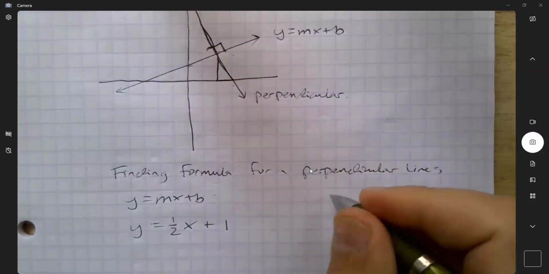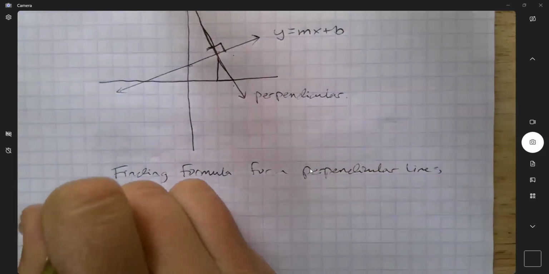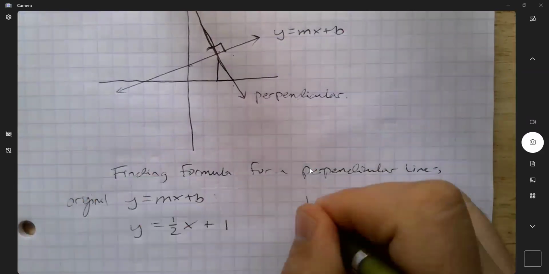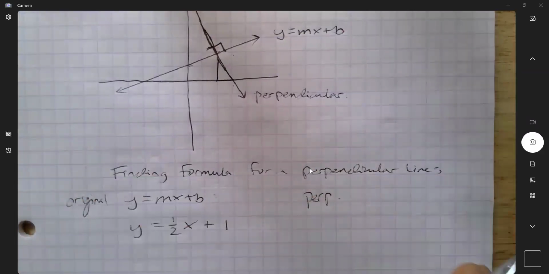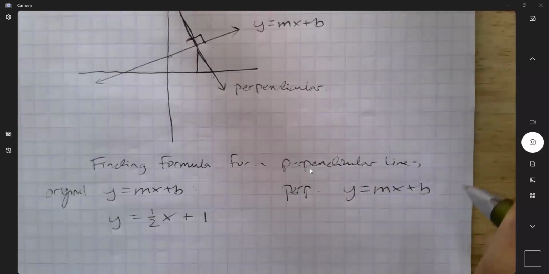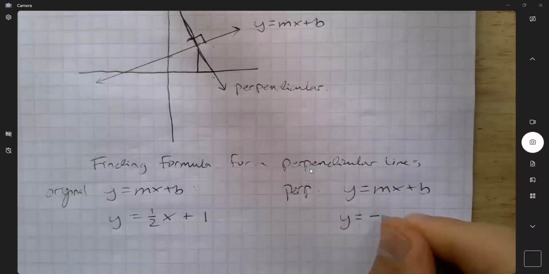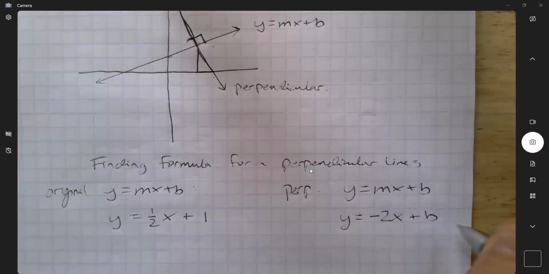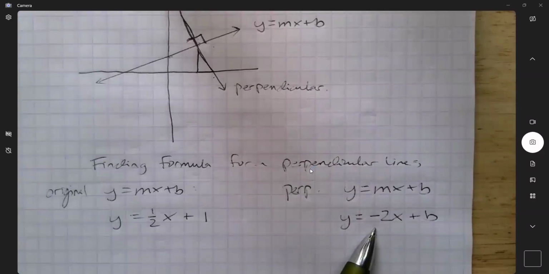So this is my original and my perpendicular. I'm going to abbreviate that to perp. It still has the form y equals mx plus b, but this time the slope is -2. So we figure out the slope first. And 1/2 to -2 is not a coincidence.